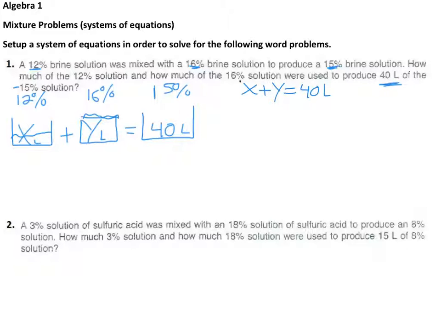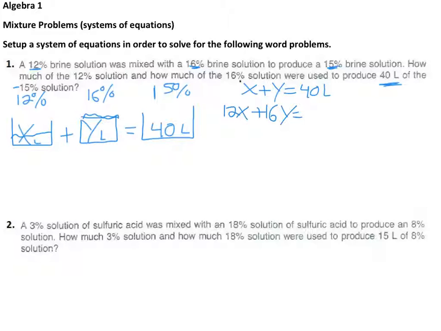Okay, the next one is where we have to do a little bit of work. What we're going to do here is multiply these quantities for each beaker and set them equal to each other. So this is going to be 12x, this is going to be 16y, and this is going to be 15 times 40, which we can put on our calculator. So I'm going to have 12x plus 16y, and I'm going to go right to this.